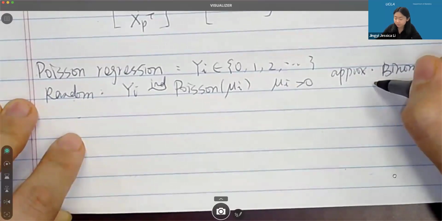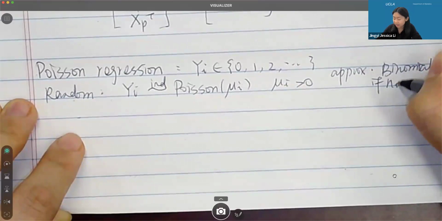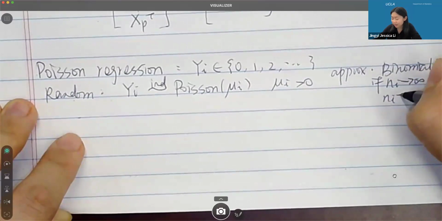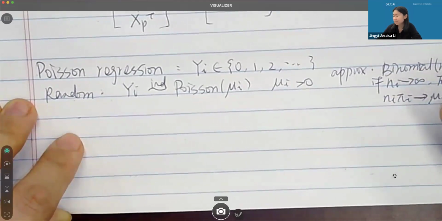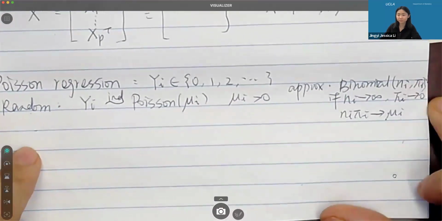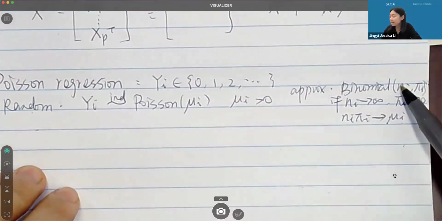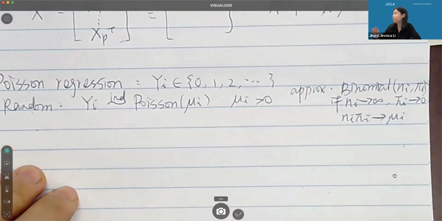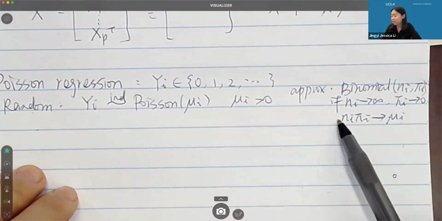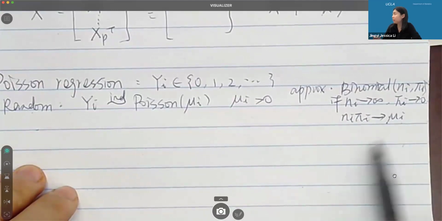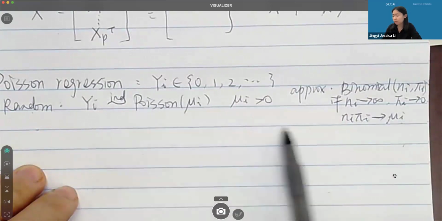If n_i goes to infinity, pi_i goes down to 0, and n_i pi_i converges to mu i, the Poisson parameter, then Poisson approximates the binomial, which means that there are many draws, and each draw has a diminishing probability of being 1. The more draws you have, the probability of getting 1 goes down, but the overall number of ones converges to this mu i. This is the case where the Poisson approximates binomial.